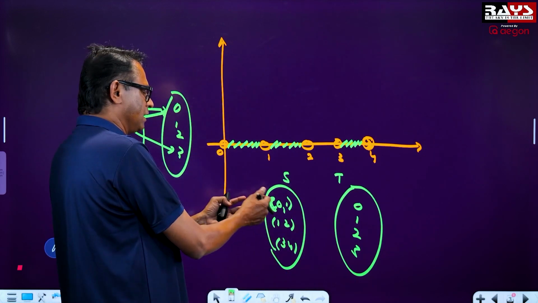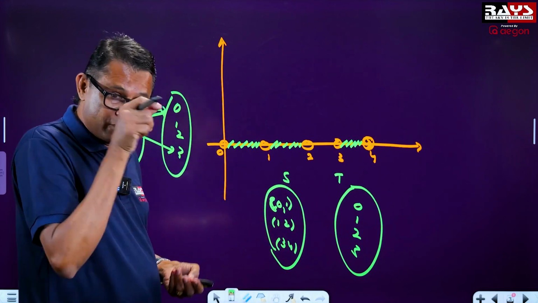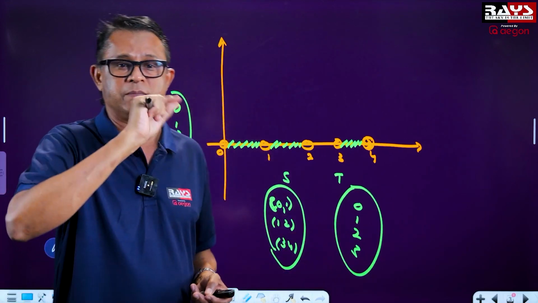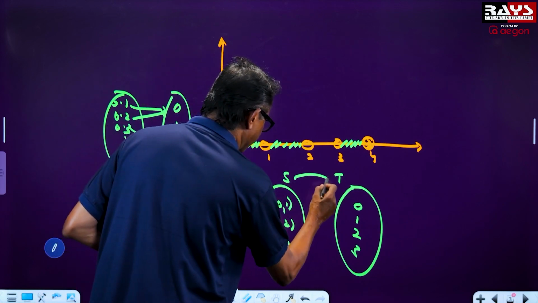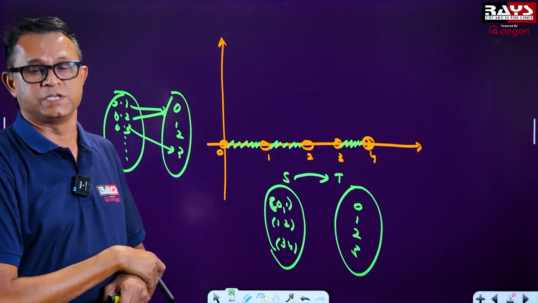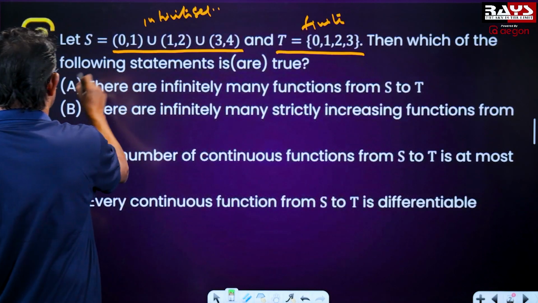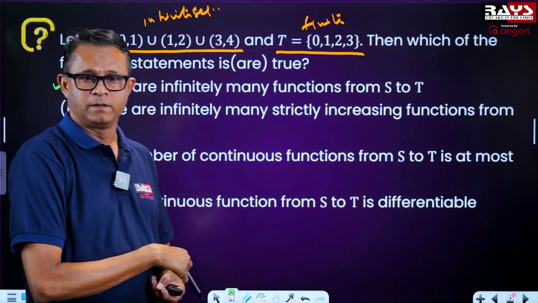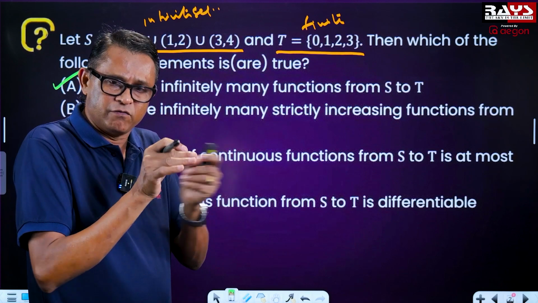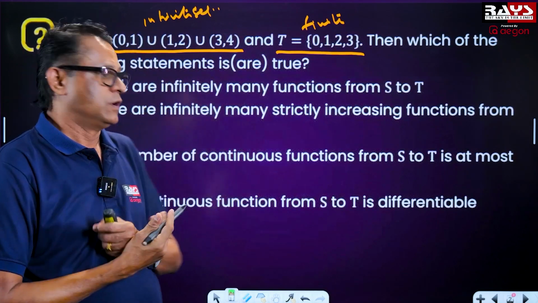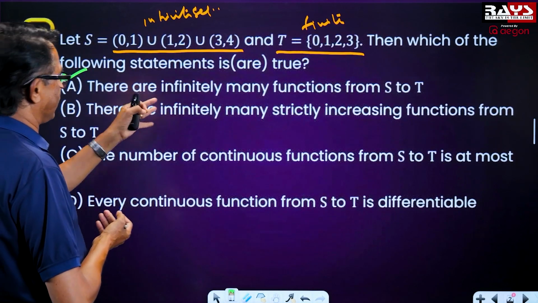So obviously there are infinitely many functions we can define from S to T. So option A is true, because we can map from S to T in different ways.